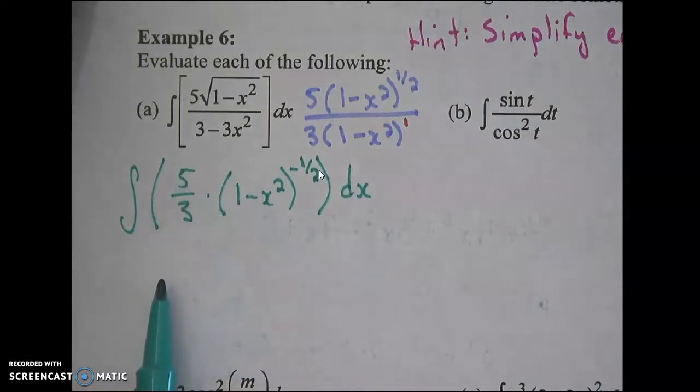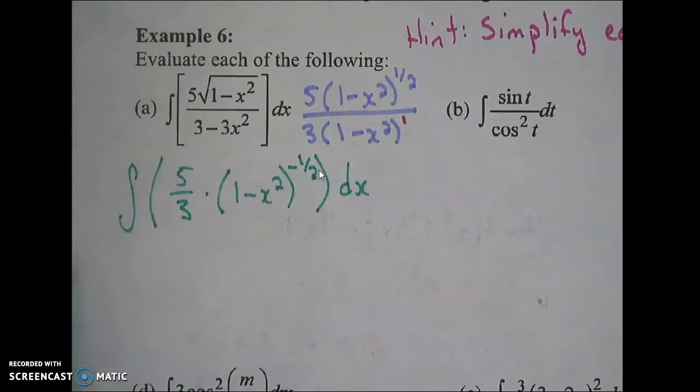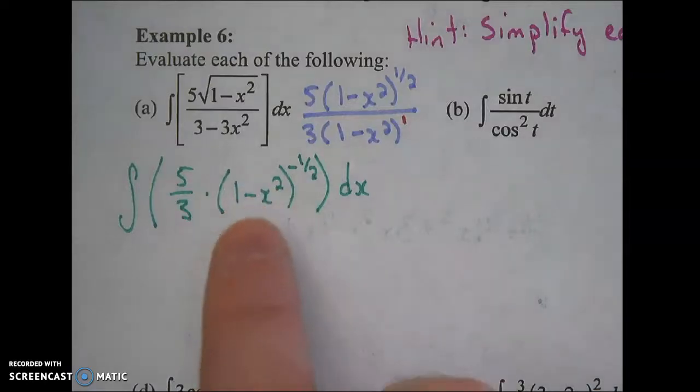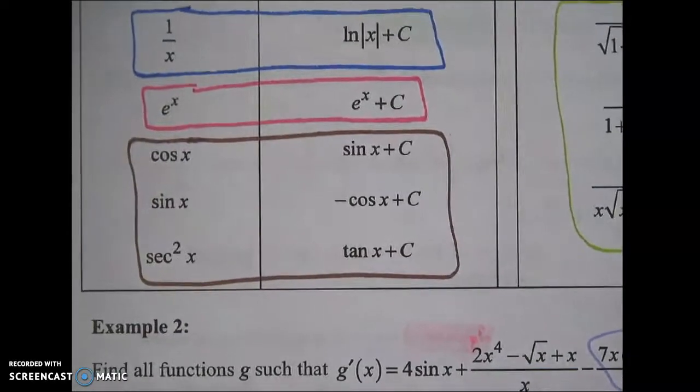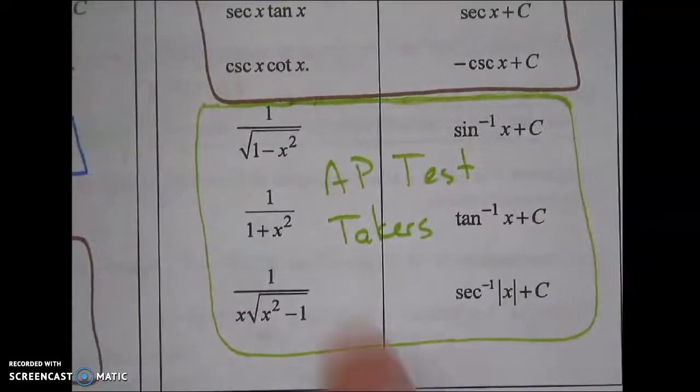That's just going to be out front no matter what. This is one of those antiderivatives that we talked about in the first section. You AP calcers, AP test takers, it's up to you, you've got to memorize these. I don't have them memorized.